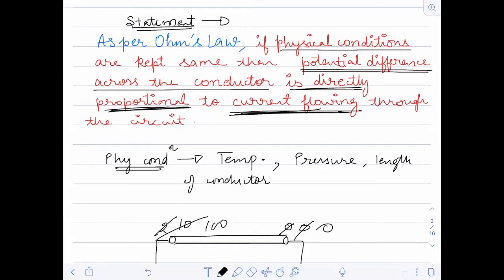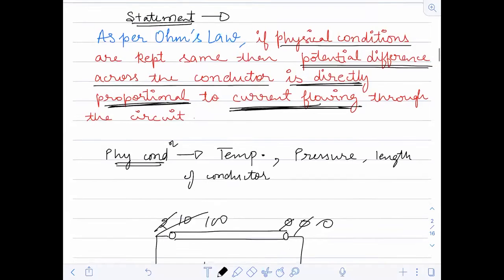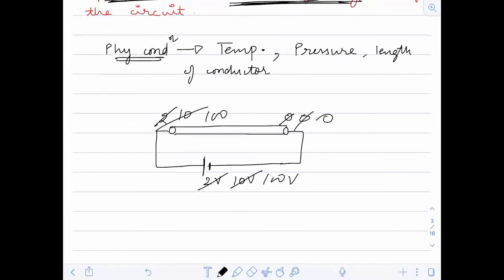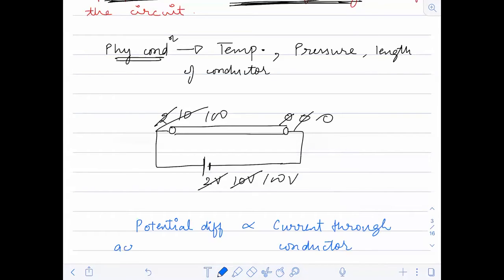That means from this statement, what I can write here is: potential difference is directly proportional to the current through the conductor, and this potential difference is across the conductor.